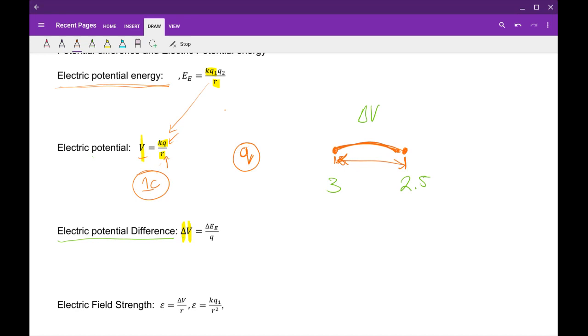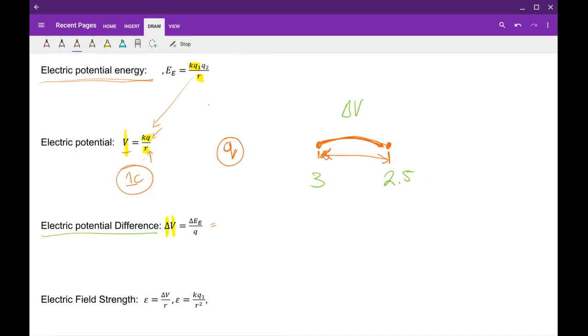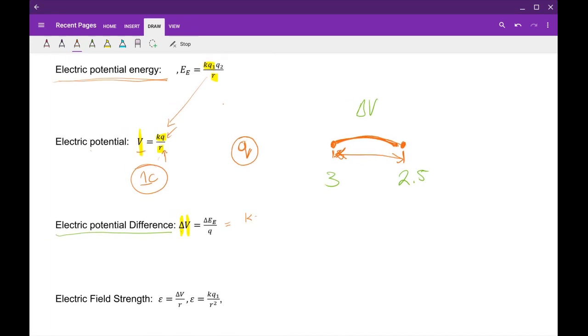So one way of writing this is by basically saying it's kQ/r final minus kQ/r initial. Oh, let me write that as well. This is sort of a different way of writing it. Okay, it's the change in energy per coulomb, right? Per 1 coulomb. It's the change in energy.